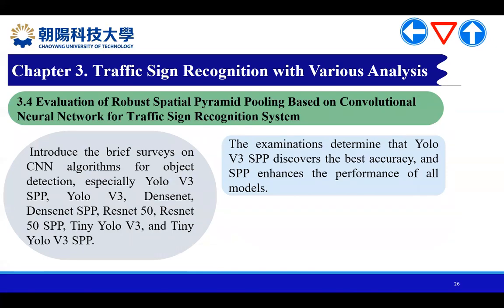Next, we do the evaluation of robust spatial pyramid pooling based on convolutional neural network for traffic sign recognition system. In this experiment, we introduced a brief survey on CNN algorithms for object detection, especially YOLO V3 SPP, YOLO V3 Densenet, Densenet SPP, ResNet 50, ResNet 50 SPP, Tiny YOLO V3, and Tiny YOLO V3 SPP.